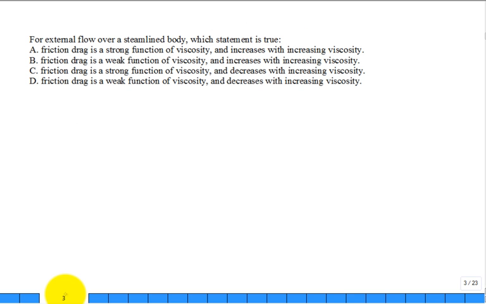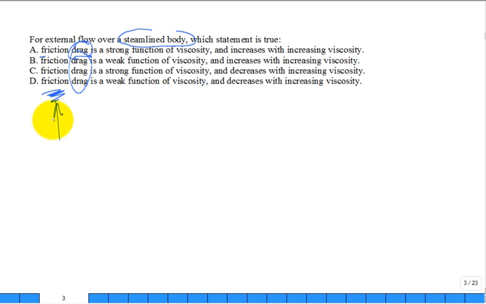For external flow over a streamlined body, which statement is true? I'm going to pause and come around. So external flow over a streamlined body. When they say streamlined body, you think of the drag, right? The friction drag is what dominates the drag on a streamlined body, if it's well streamlined, true?